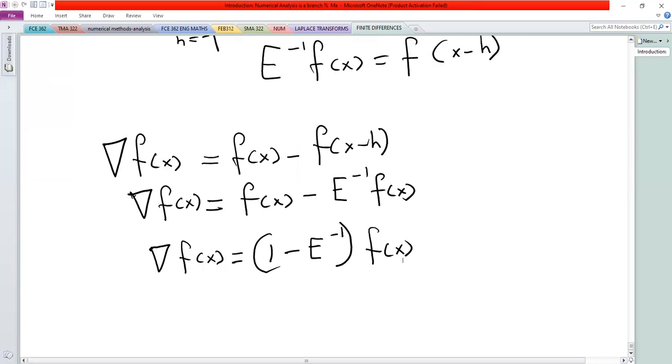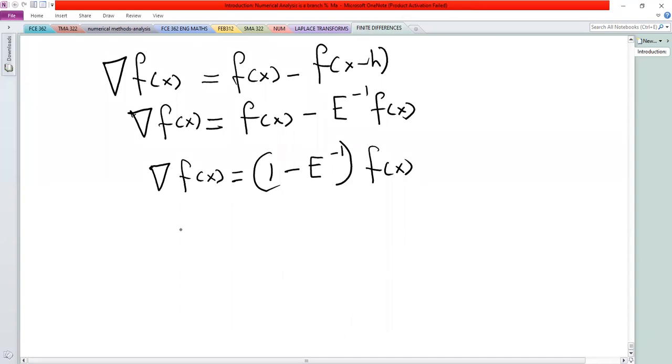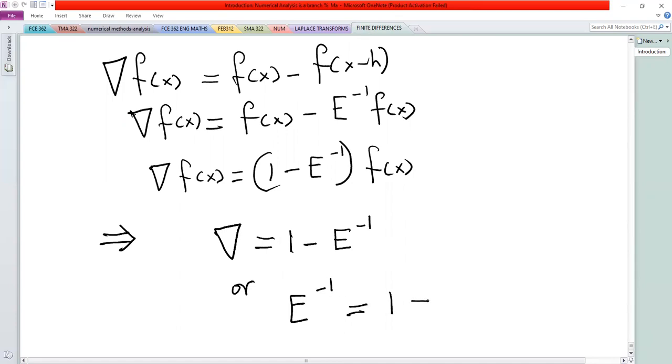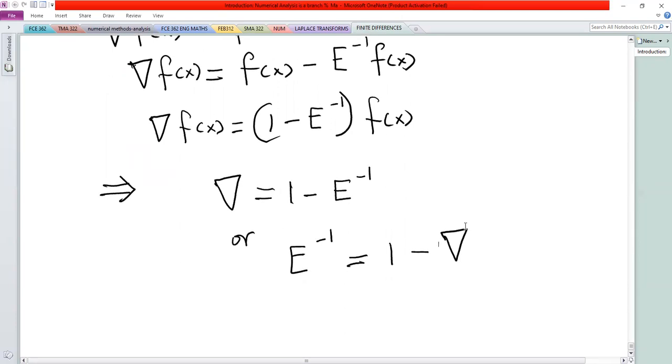And for this equality to make sense, then this implies that backward must be the same as 1 minus e raised power negative 1, or the same thing as saying e raised power negative 1 is 1 minus the backward difference operator.